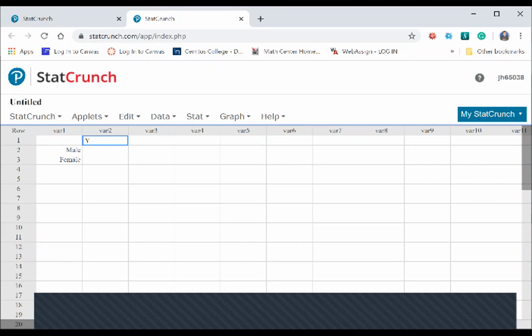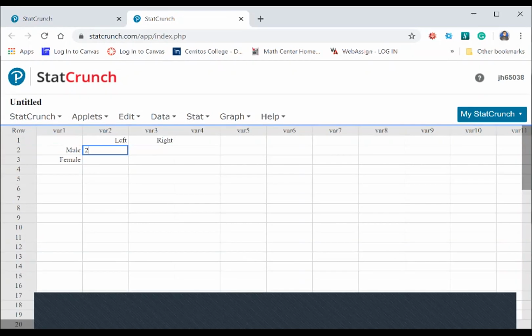Instead of yes and no, I'm going to say left and right, left-handed versus right-handed. Left is 23 for the males and 65 for the females. Right is 217 for the males and 455 for the females.